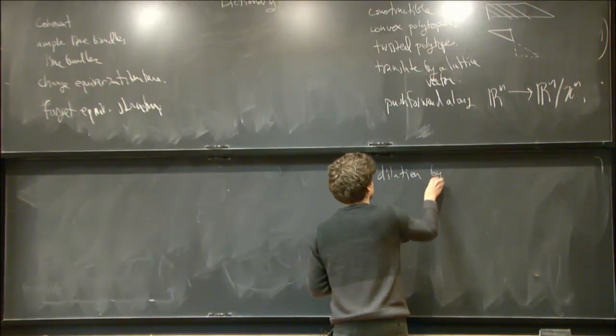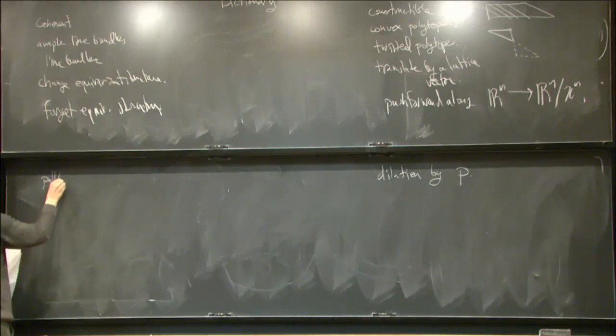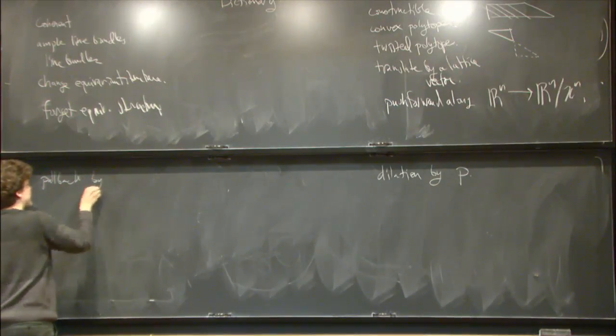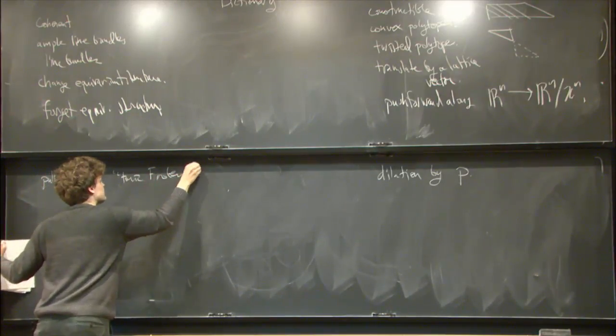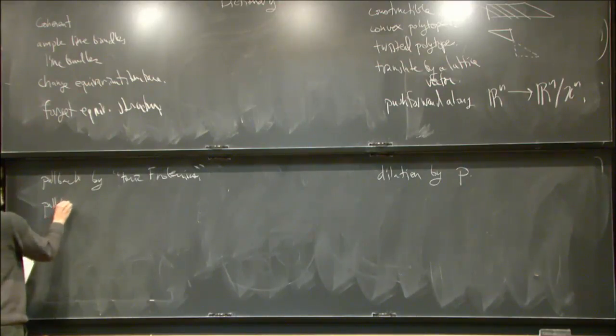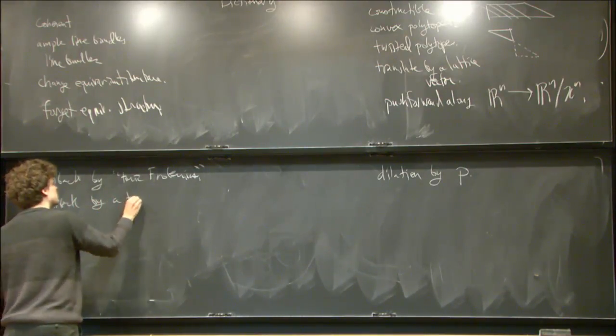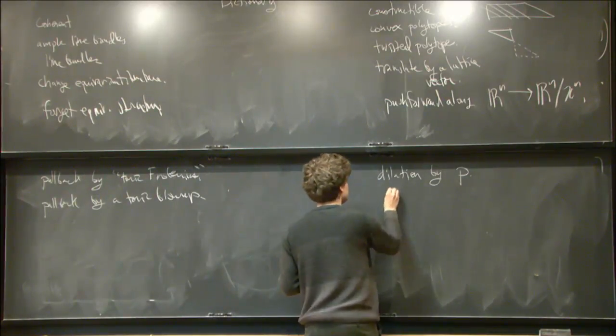So you could dilate by, let's say, P. This corresponds to pullback by kind of toric version of Frobenius, which raises every coefficient of the open orbit by P. Pull back by a toric blowup corresponds to doing nothing.